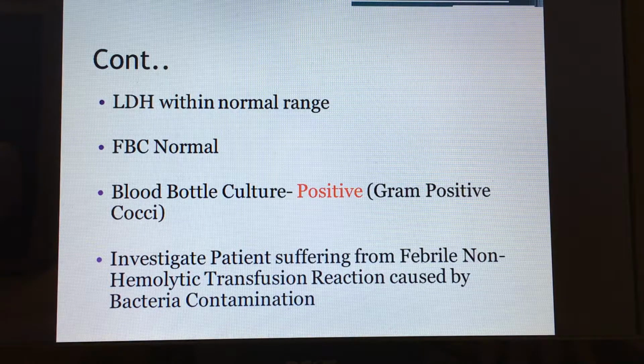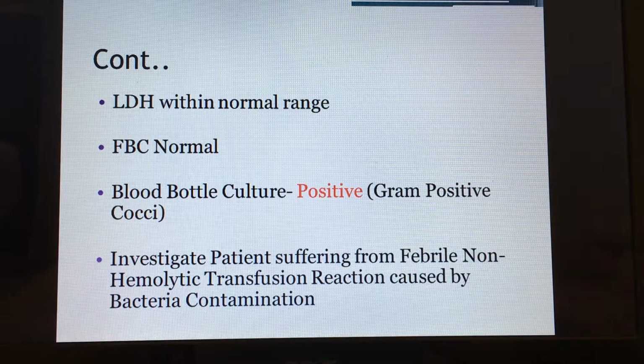LDH was within the normal range. Full blood count was normal. The blood bottle culture was positive, and Gram stain was performed and Gram-positive cocci were observed. So the doctor concluded the patient was suffering from a febrile non-hemolytic transfusion reaction caused by bacterial contamination.